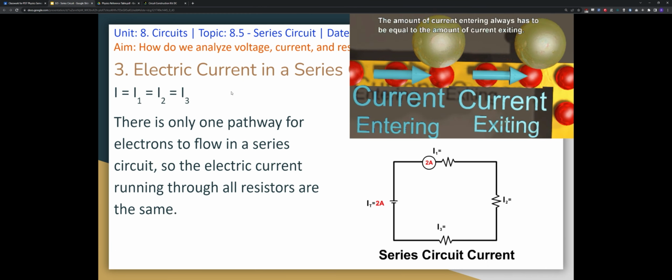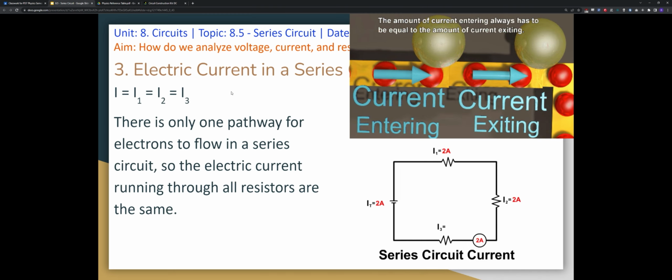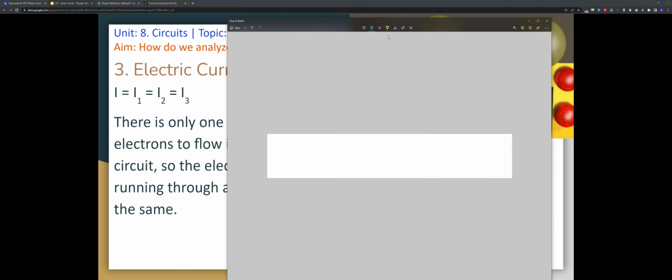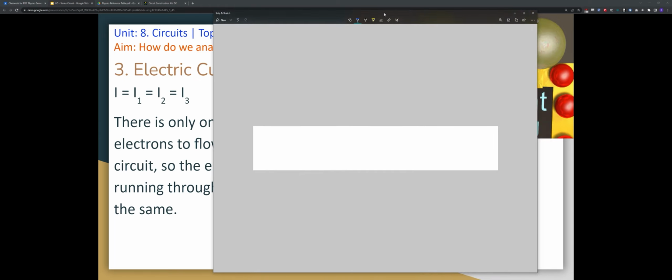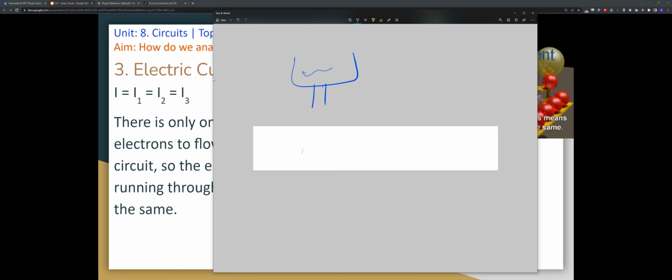And so let's talk about electric current. Let's have an example: say you have a water pipe, with a huge tank of water going through this pipe right here.